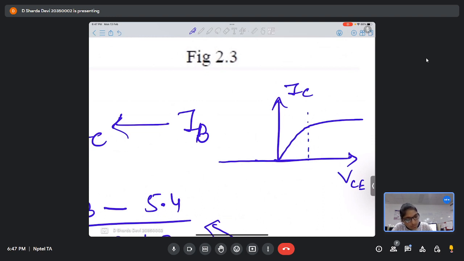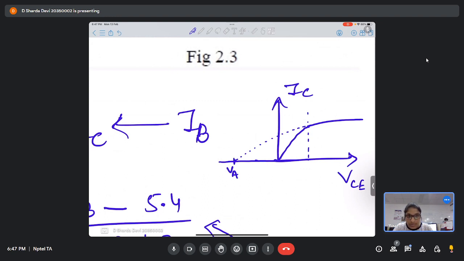So now what we do, we are simply extending our curve such that it is meeting a voltage, we call it the Early voltage, where our current becomes 0.